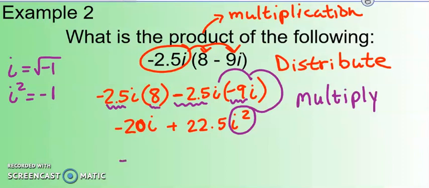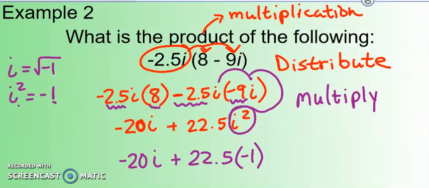All right, so we're going to keep this first term of negative 20i. And i squared is what we're going to change over. Only i squared. So i squared equals negative 1. And so instead of writing i squared right there, we're going to change it over to negative 1. All right, and I'm going to write this down.